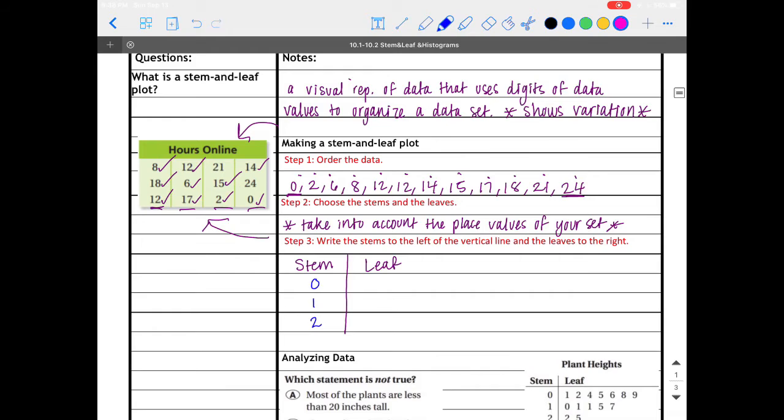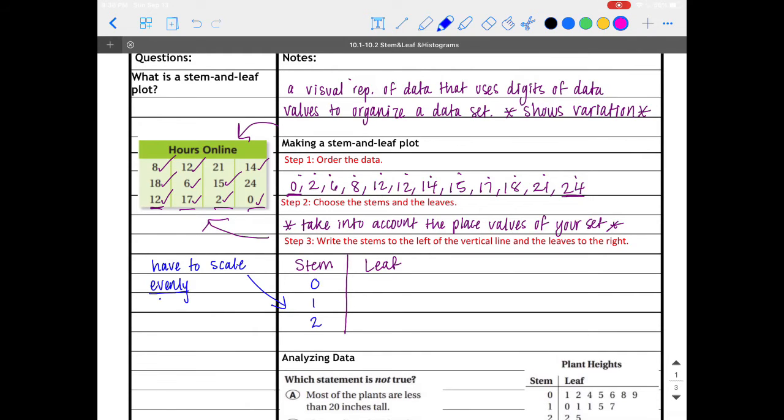Something really important here, just like I mentioned when we worked on dot plots and box and whisker plots, is that you cannot skip; you have to scale evenly. So I have to go in order. Even if there weren't any tens values, for example if there was just 2, 6, 20, and 21 but nothing in the tens, I still have to show that row because you have to scale evenly.